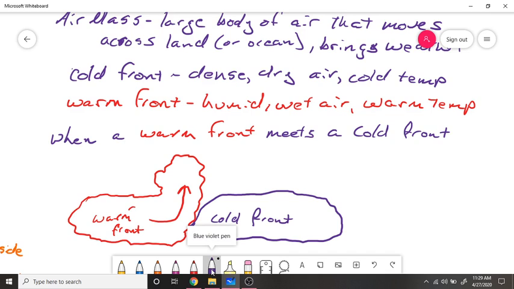So when the warm front meets that cold front, the warm air is forced upward.